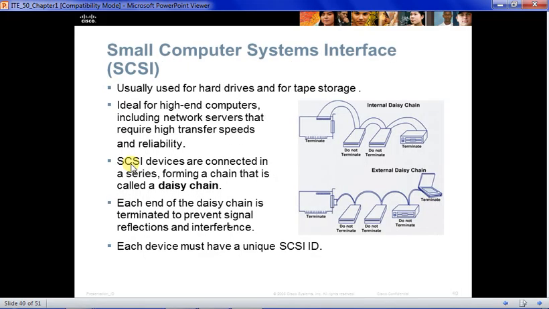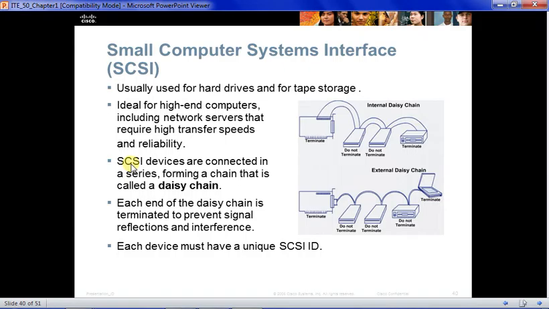And so here we have some examples of the Small Computer System Interface, and it's usually used for hard drives and tape storage. It needs to be terminated, so it's usually ideal for high-end computers, including network servers that require high transfer speeds and reliability. The SCSI devices are connected in a series, forming a chain that is called a daisy chain.